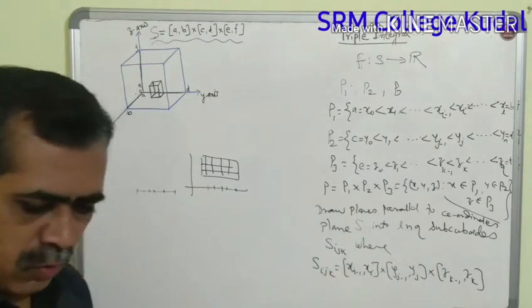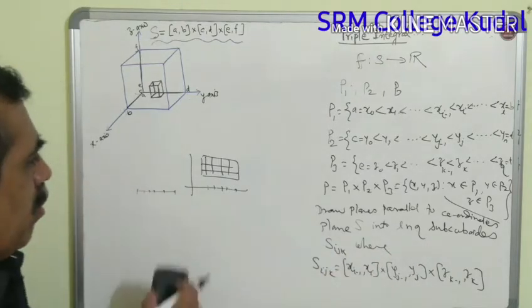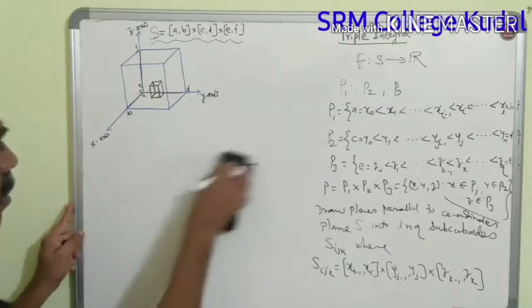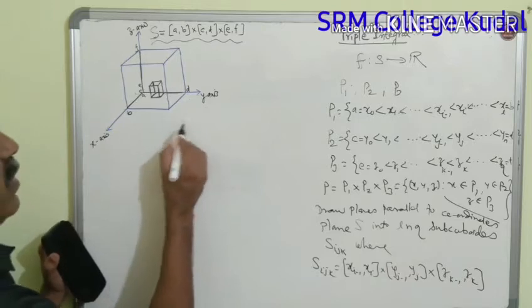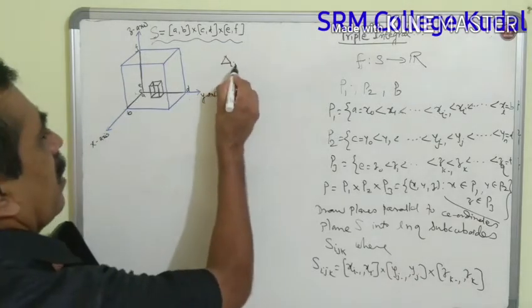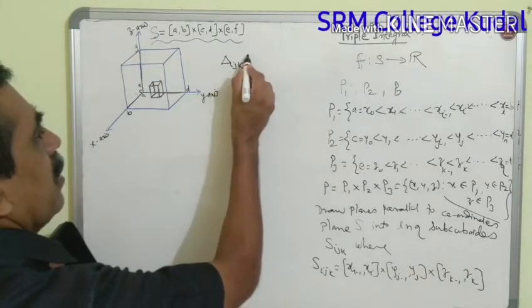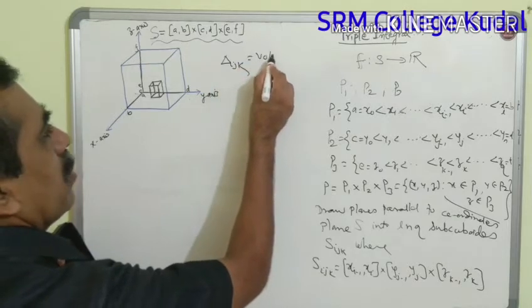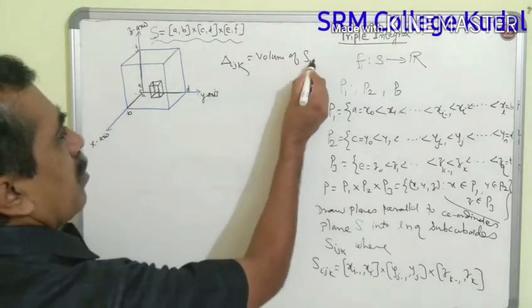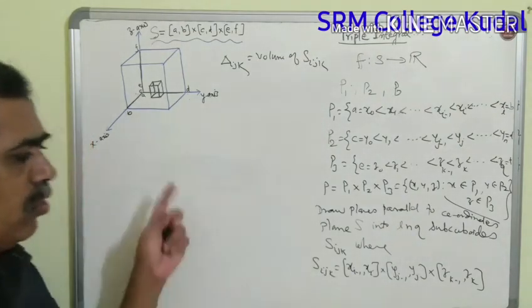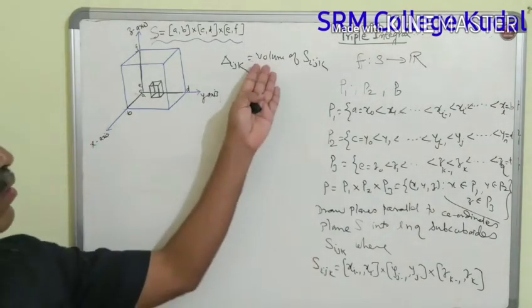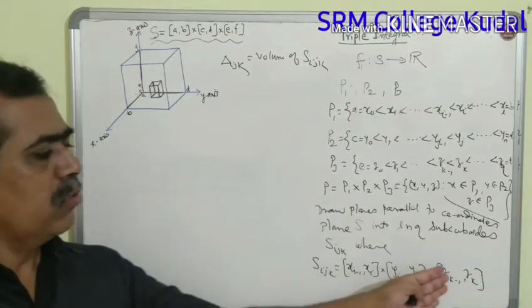Now, as it is a 3-dimensional object, suppose delta ijk is the volume of Sijk. How do you write the volume? Volume is length into breadth into height.